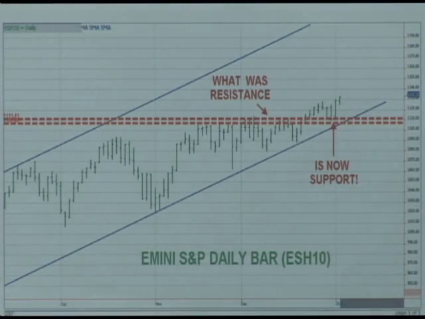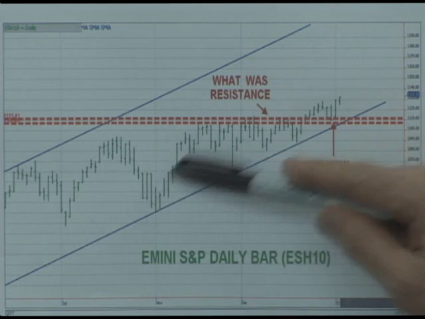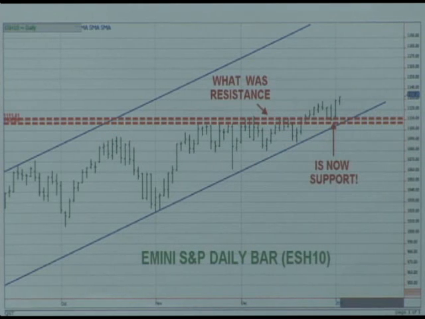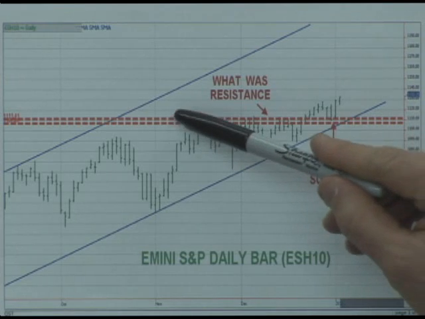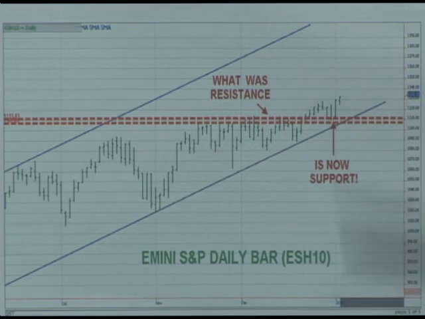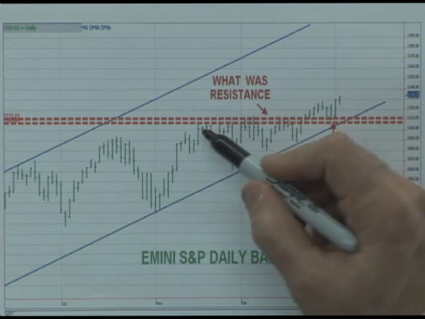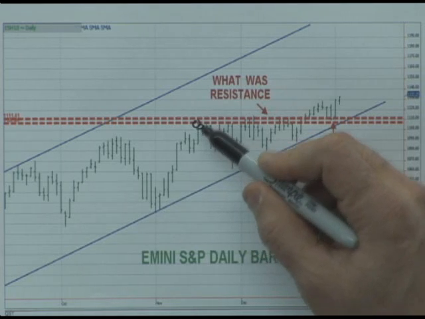Okay, traders, the first chart before you is the Emini S&P daily bar chart for the March contract. Each one of these green lines represents 1 day's trading. What I'd like to point out to you here is this big area of what was resistance. Resistance is when a market tries to go up and fails and starts to come back down. Look at all the times that we had failure here.